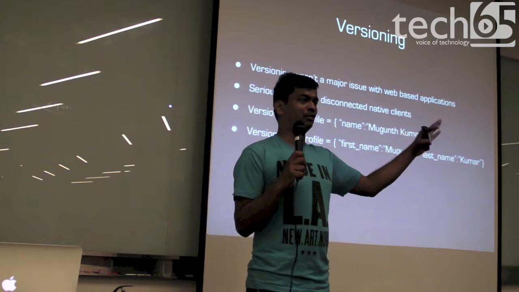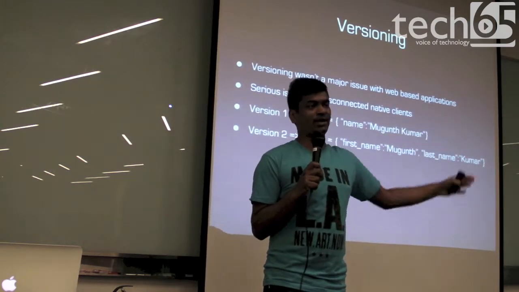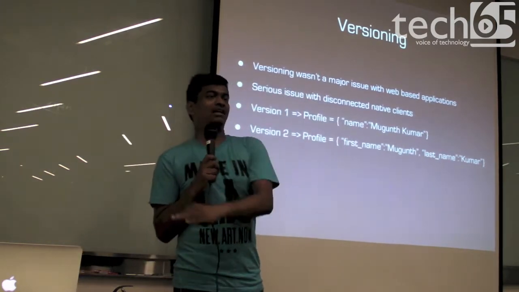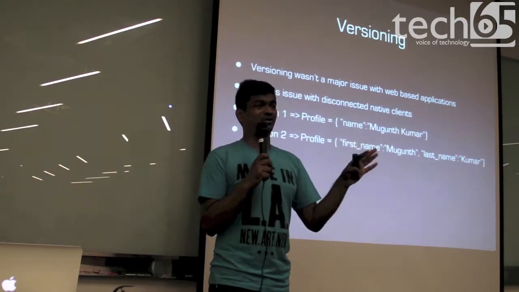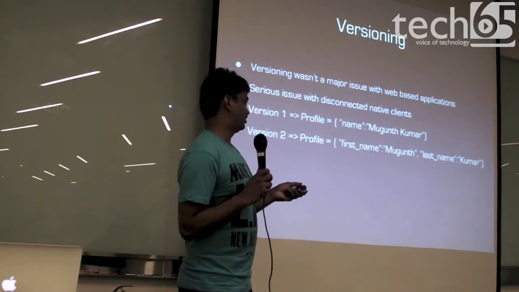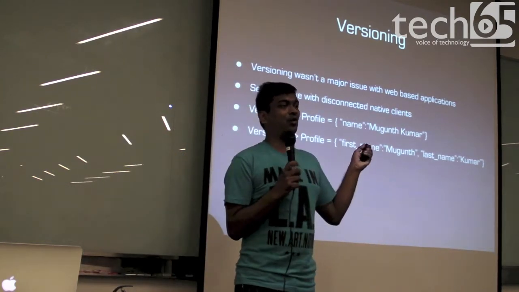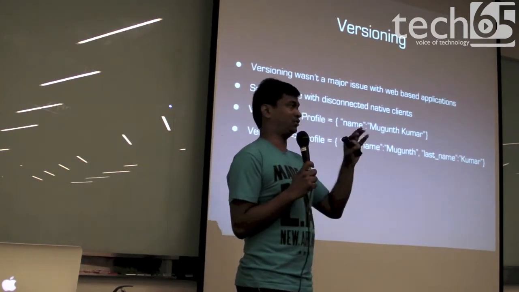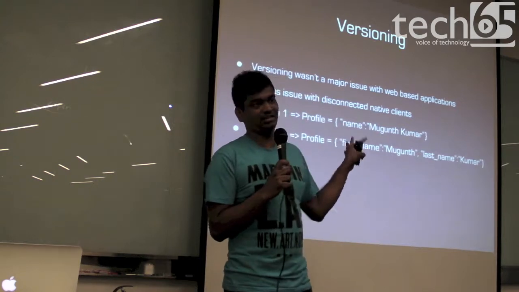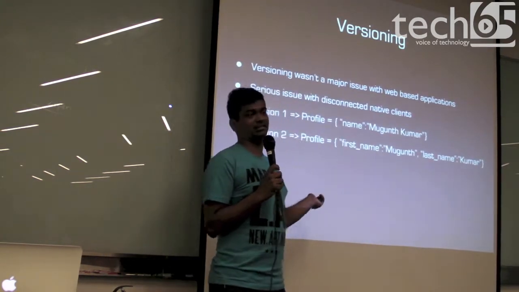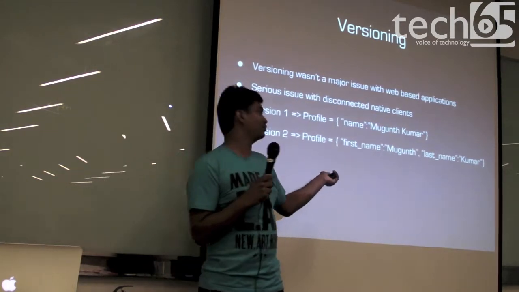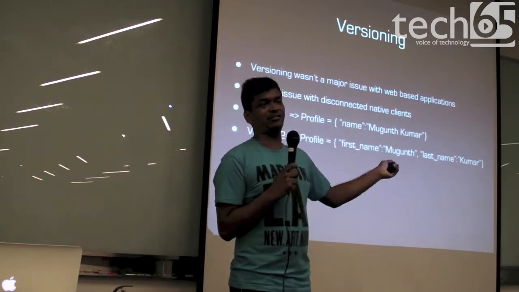Probably they are moving their business to Japan or something, where showing the last name is considered respectful and showing the first name is considered not so respectful. So clients should be able to hide the first name and show only the last name. So your client implementer is going to expect something like this. The client implementer is going to expect a separate first name and a separate last name.